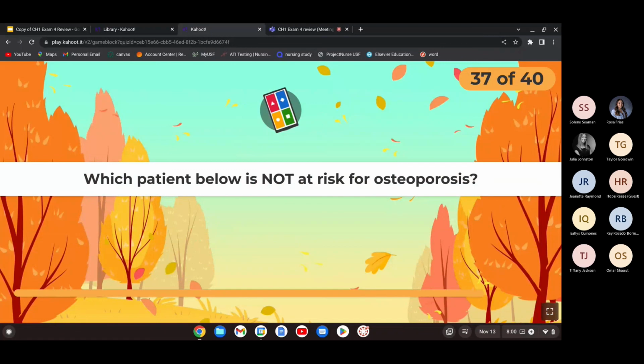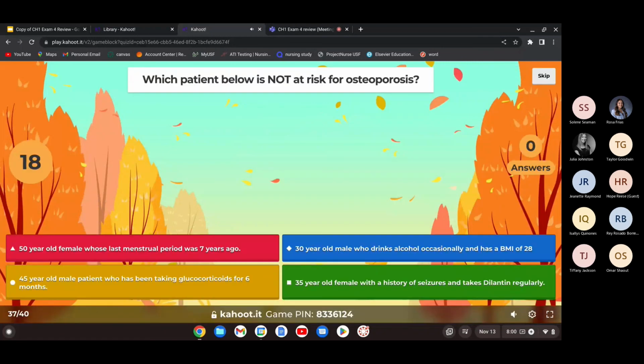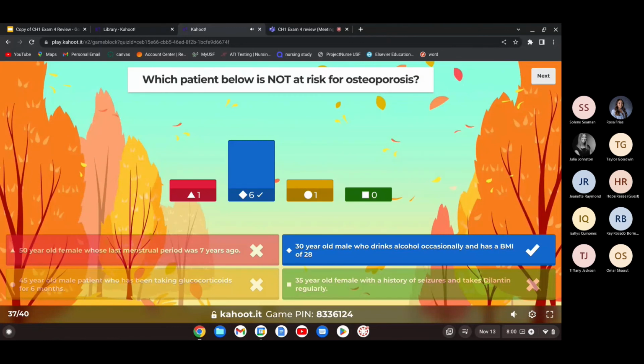Which patient below is not at risk for osteoporosis? Awesome, it's going to be our 30-year-old male. Very good job, guys.